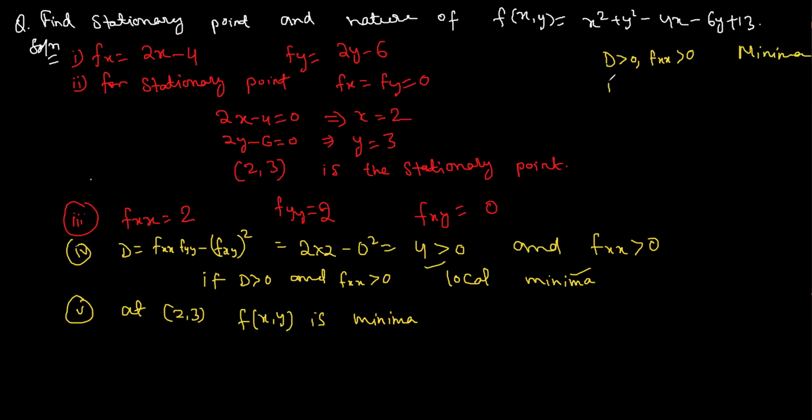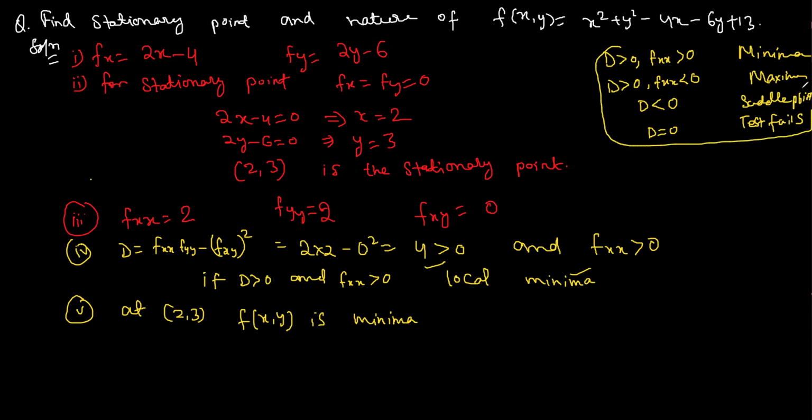If D is greater than 0 but f xx less than 0, maxima. If D is less than 0, this is saddle point. And if D is equal to 0, the test fails. This all 4 points you must remember.